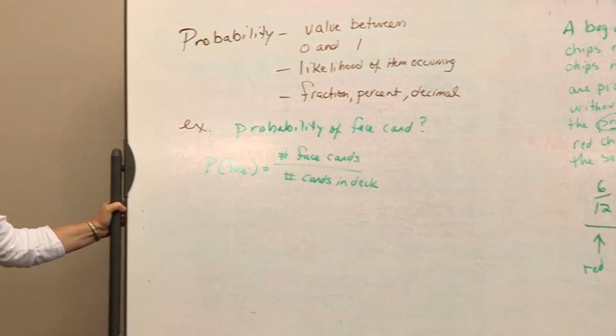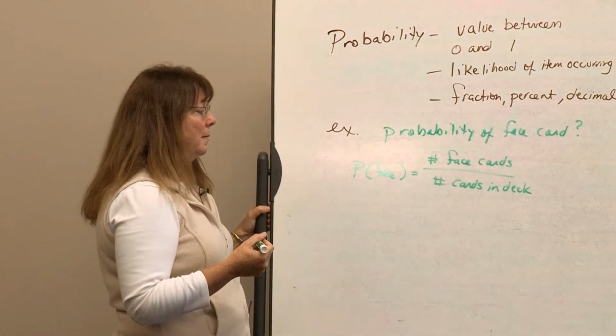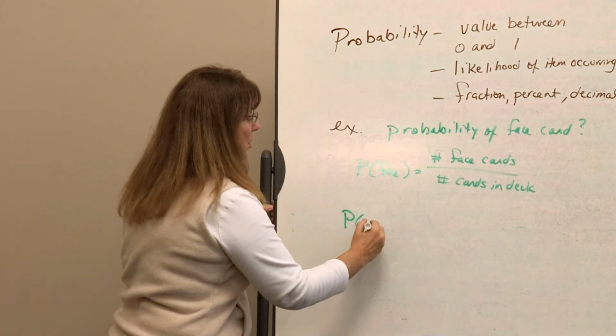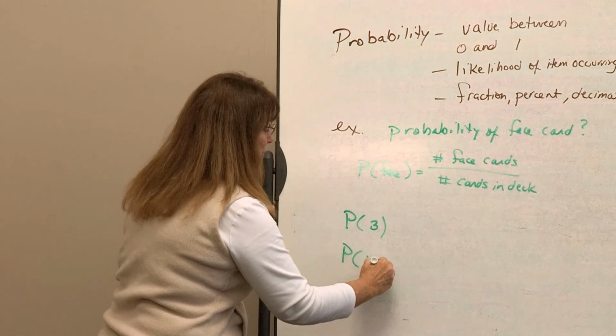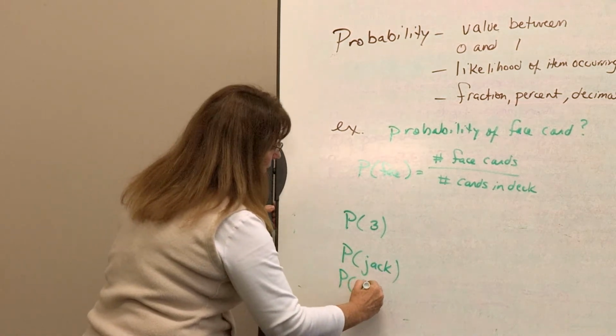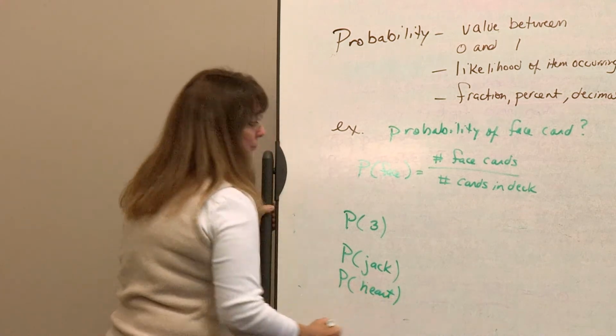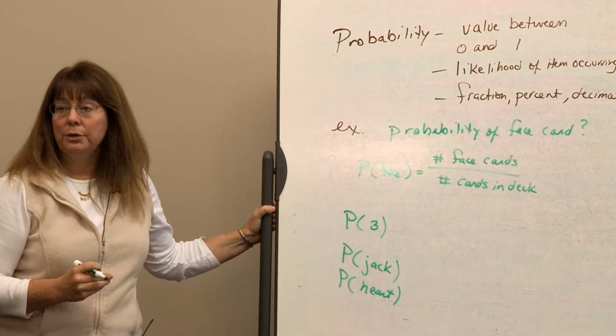Now there's different items that you can do with the cards. They may ask you to find the probability that you might draw the number 3 out of the deck of cards, or the probability that you would get a jack. Or they could do it by suits. They might ask you the probability of getting a heart. So all those things are going to be the same idea as getting the face card.